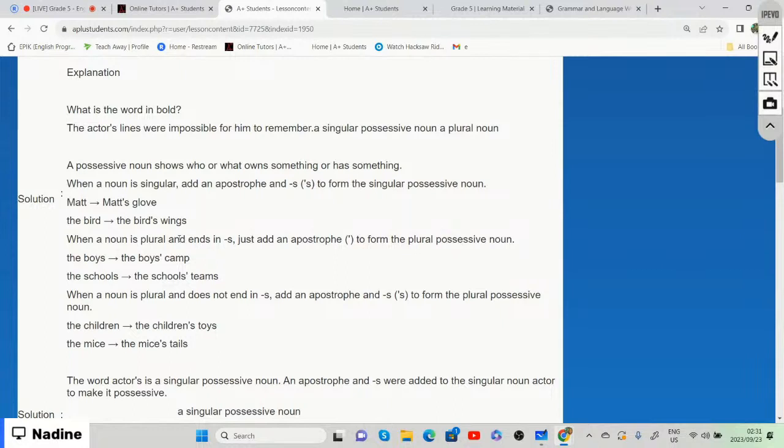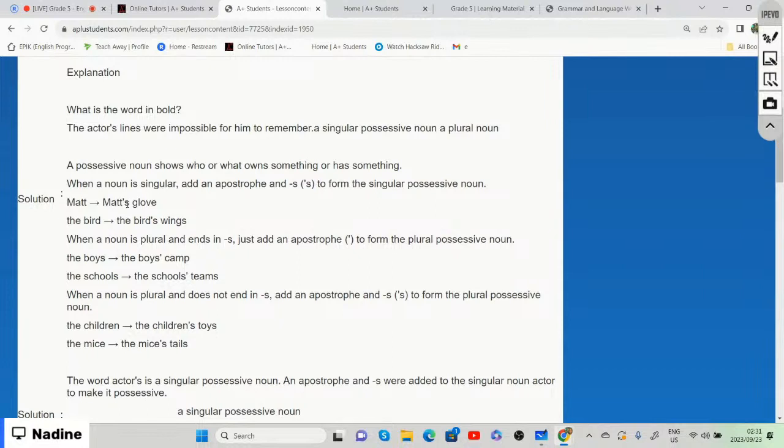For example, Matt. So this is Matt's glove. Which means that this glove belongs to Matt. Matt's glove.